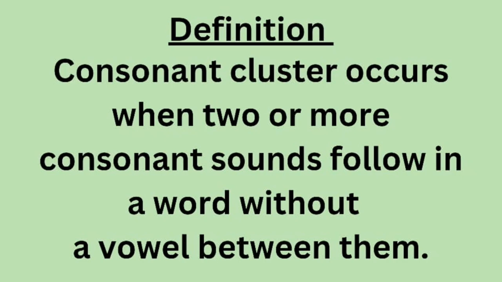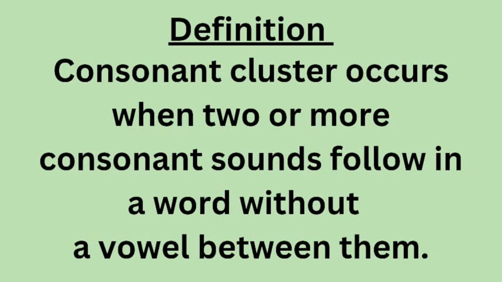Consonant clusters occur when two or more consonant sounds follow each other in a word without a vowel in between them. In other words, consonant clusters refer to sequences of two or more consonants that occur together within a word without any intervening vowel sounds. I'll take that again.